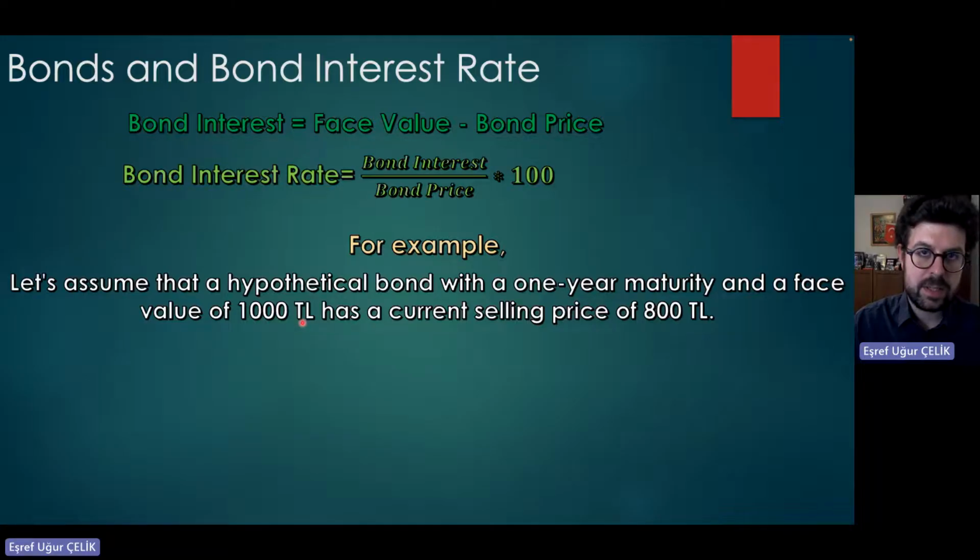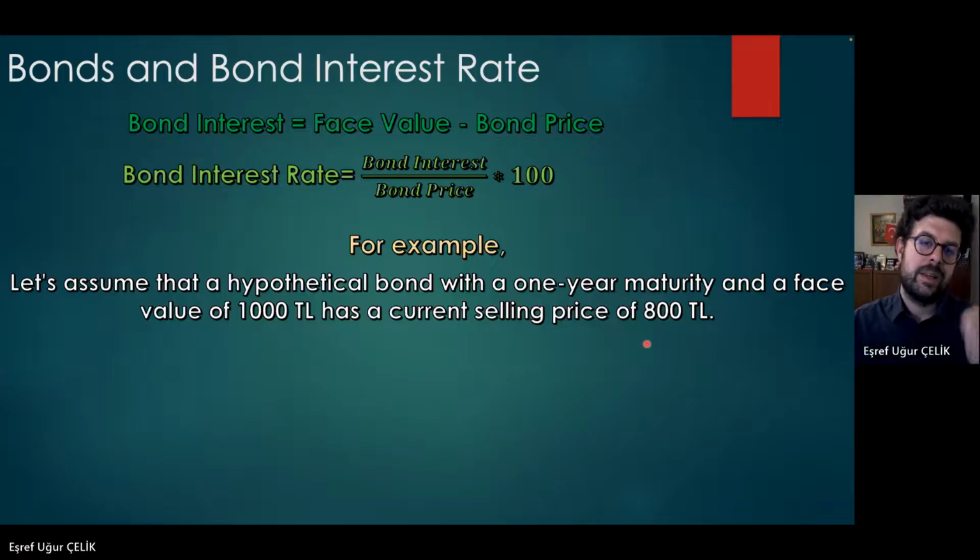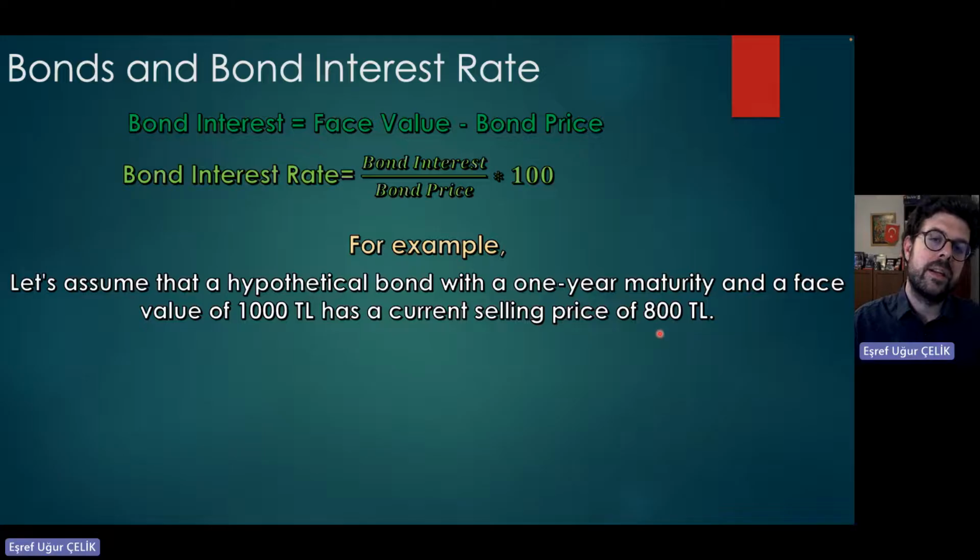The face value is what we can get at the end of maturity for buying that bond. And the selling price of that bond is 800 Turkish lira. So that means that we pay 800 Turkish lira, and 1 year later we get 1000 Turkish lira.